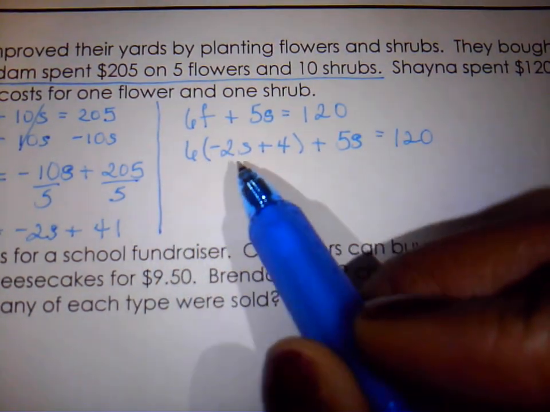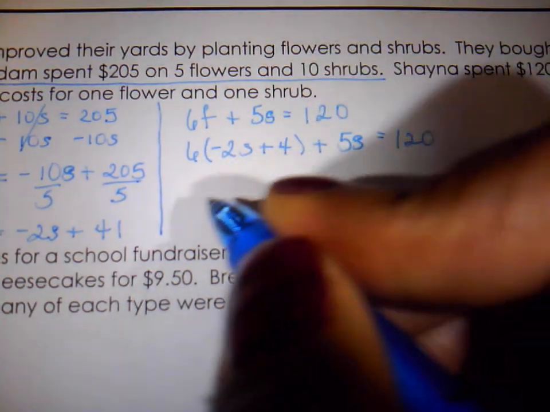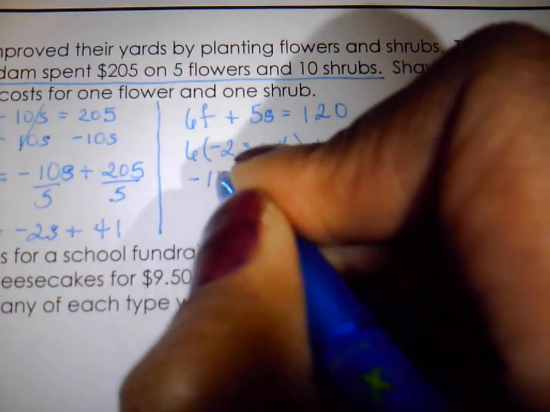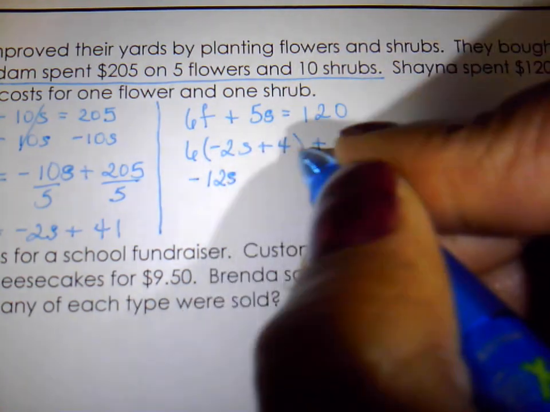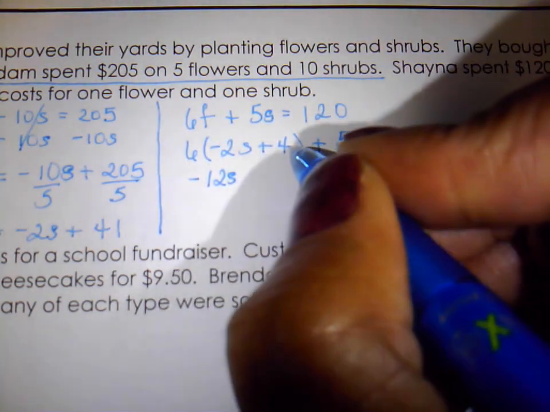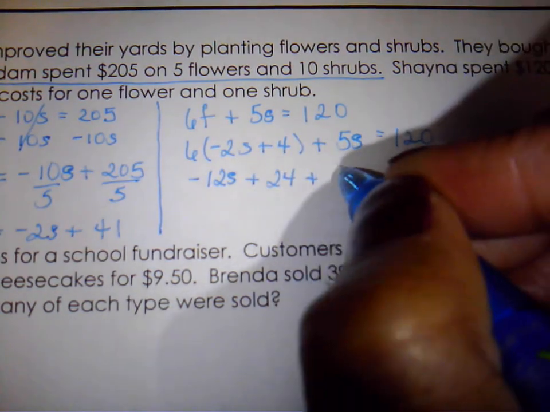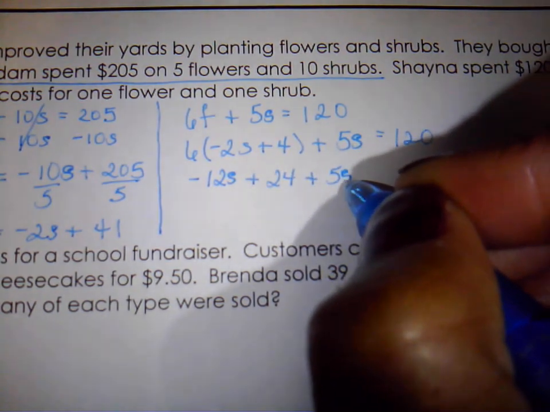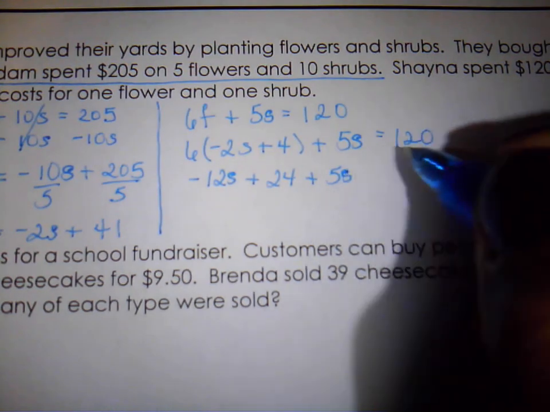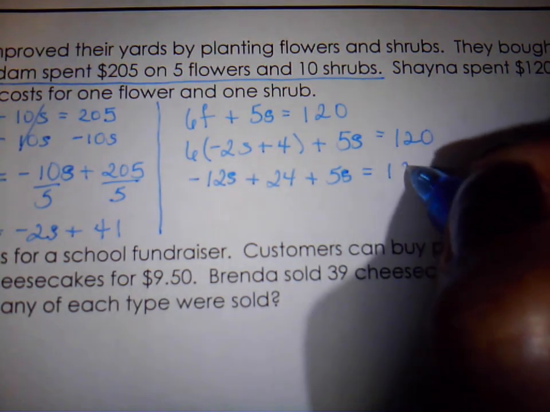All right, so 6 times negative 2S is going to be negative 12S. Okay? And then 6 times 41 would be a positive 246. Bring down a plus 5S. Equals 120.